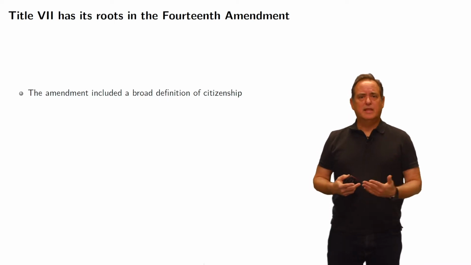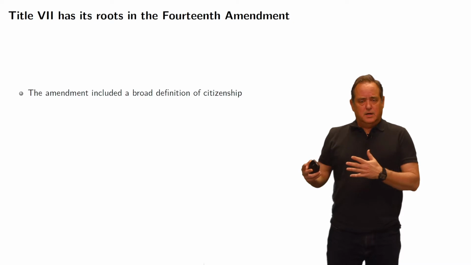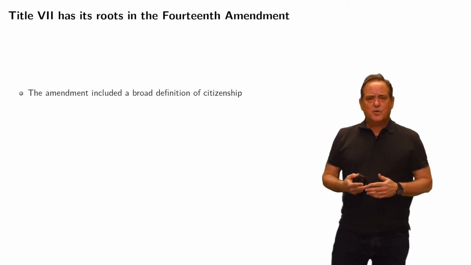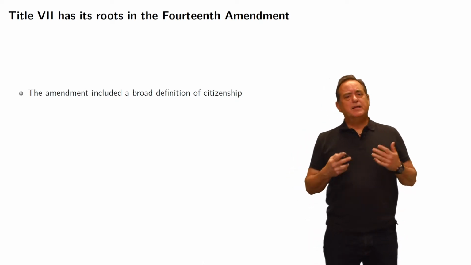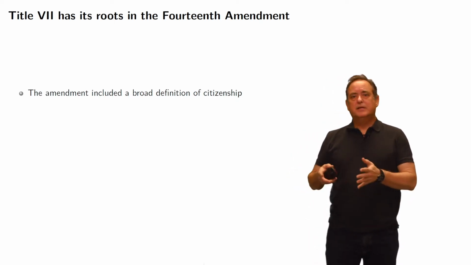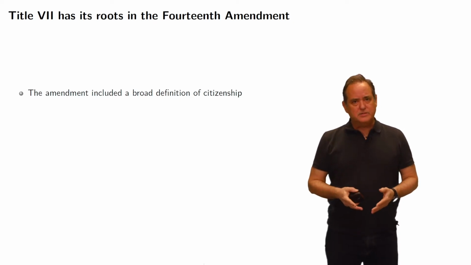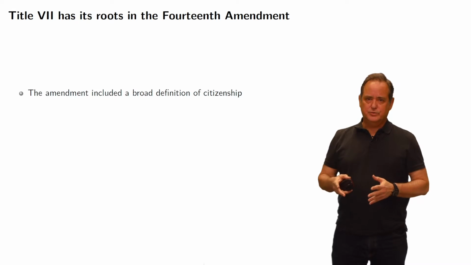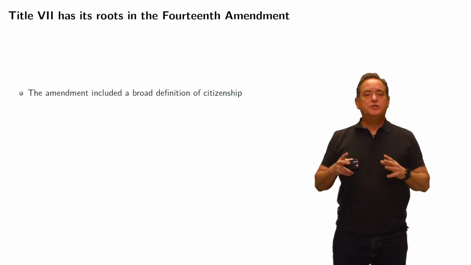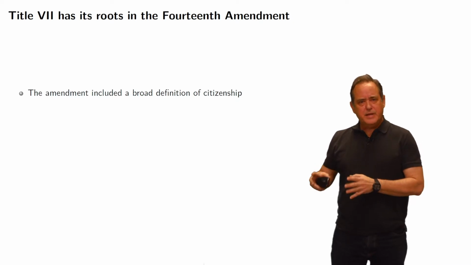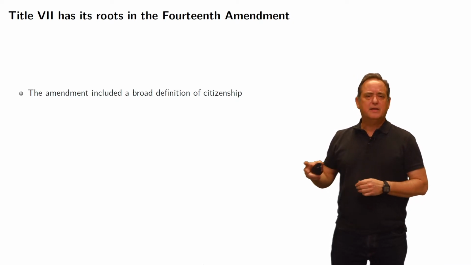Just last year or so, President Trump argued that he could sign an executive order ending birthright citizenship. But what people fail to understand is that birthright citizenship was on purpose, because what the drafters of the 14th Amendment wanted to do was prevent an underclass of people from ever developing again.